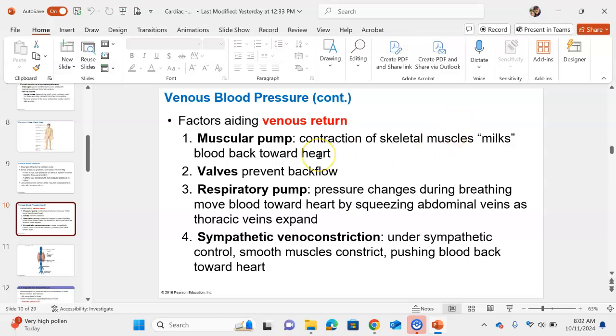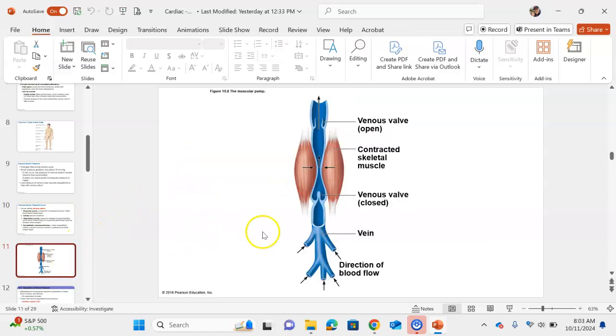Now, as blood is moving back to the heart from these two pumps, if you remember from anatomy, one of the main anatomical modifications of veins is the presence of valves. So let me go to this and you can see veins have valves. And so if blood, like indicated by these arrows, is going back up towards the heart and it goes past a valve, the valve will shut, especially if muscles are contracting.